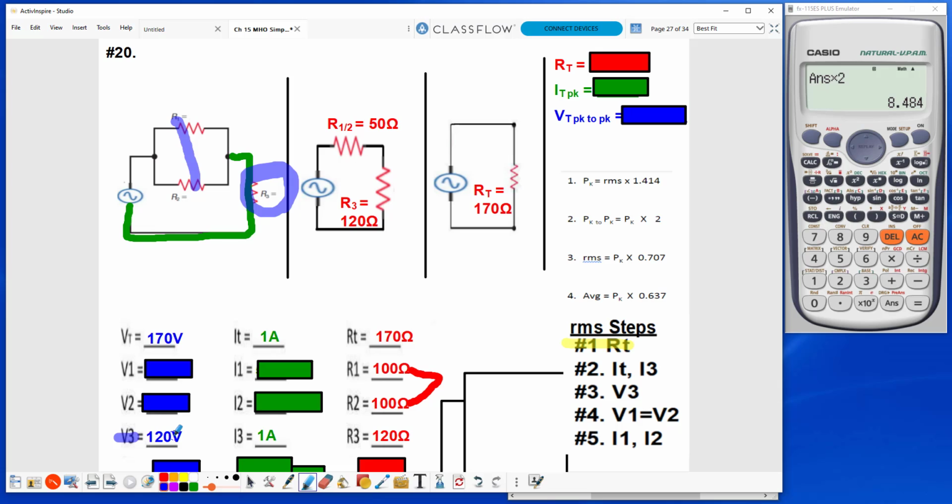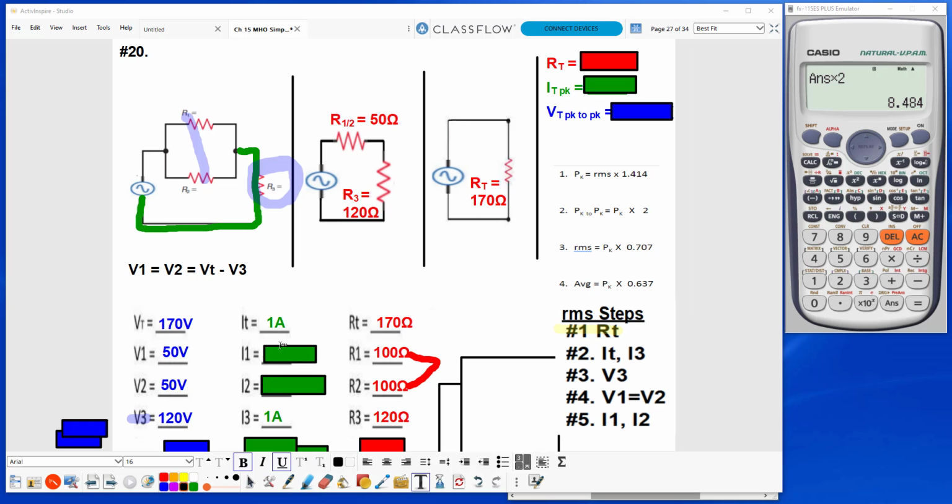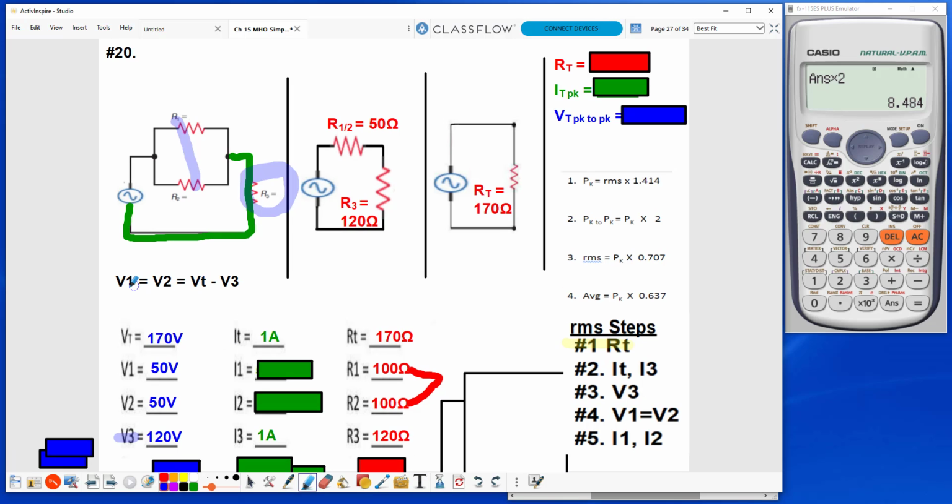So we take the 120, we subtract it from the 170, and that tells us that V1 and V2 will both be 50 volts. It is the same voltage, it's just not the full 170. We have to take the 120 out of it first. And here is a simple equation to express that. V1 equals V2, which equals VT minus V3.